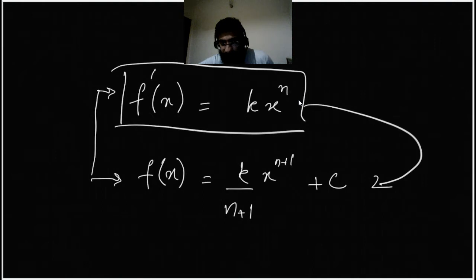When we get the actual function, we get this plus c, a constant that could be any constant we don't know. To get its actual value, we put in one point: f of x is equal to y, x is equal to x. So we need one point with x and y coordinates to find c, and then we have the value of the whole function.